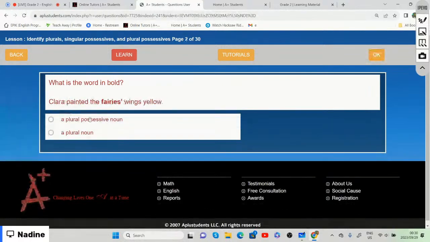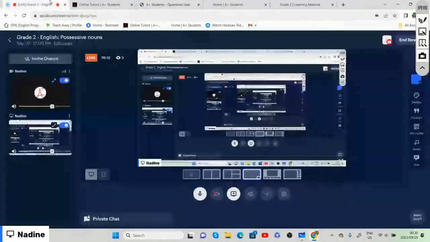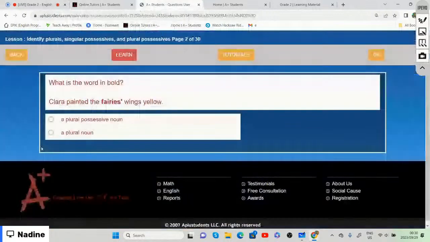Clara painted the fairies' wings yellow. If we look at this word fairies, even without the apostrophe it is plural. Now we add the apostrophe.